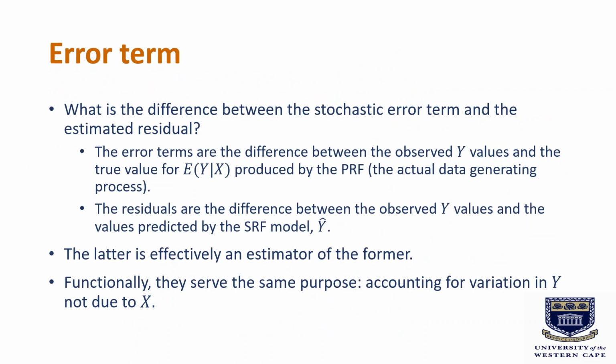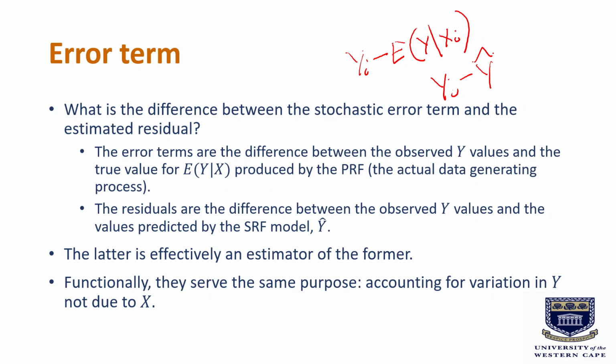So what is the difference between those two things? Well, the error term is the deviation between the different values for y and the expected value of y given specific values of x, whereas the residual will be the difference between all the observed y values and the estimated y values.